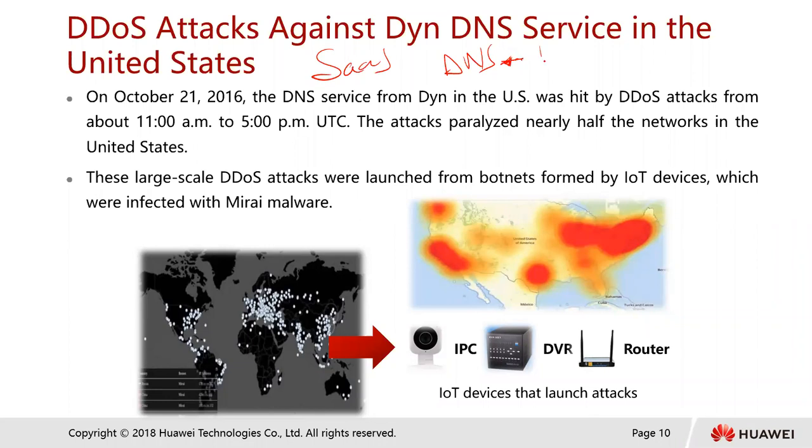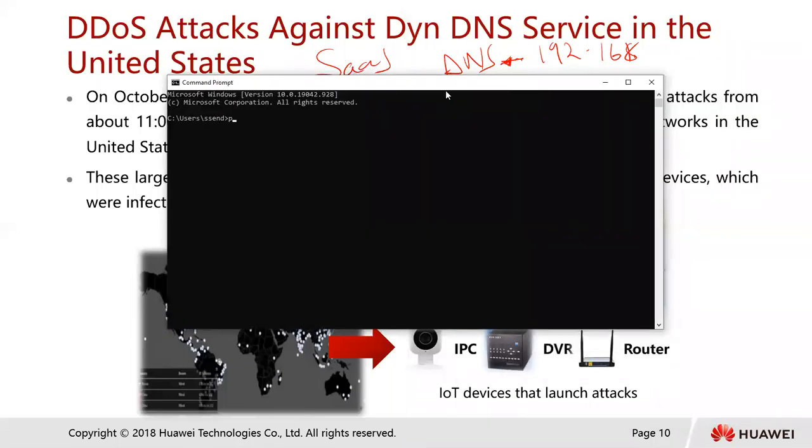It's going to translate our IP addresses. Imagine whenever you had to visit google.com, you had to type in Google's IP address. Let me try to ping it so that we can get its IP address.